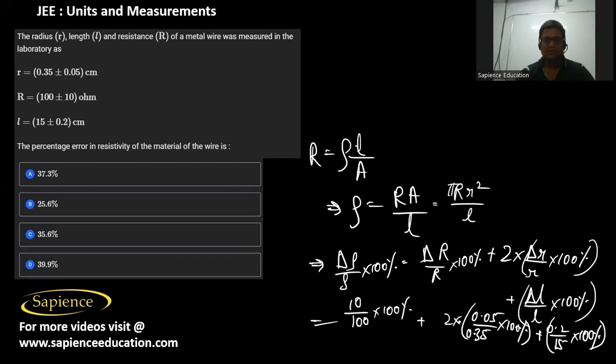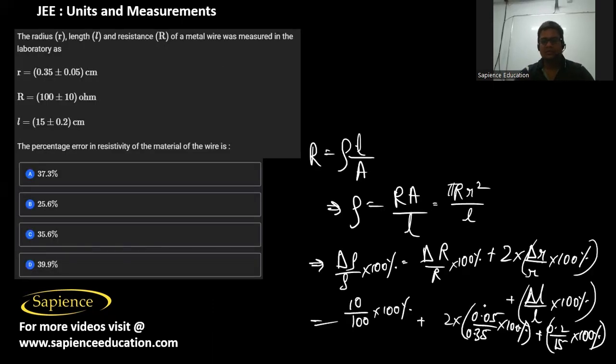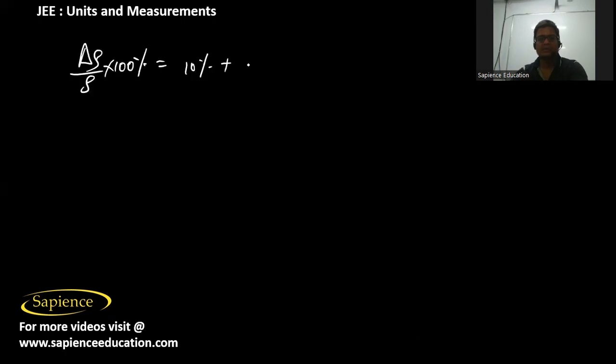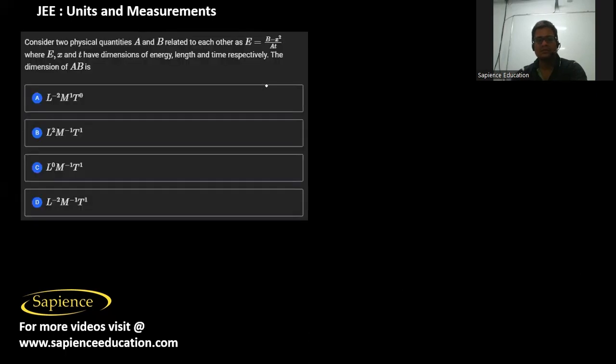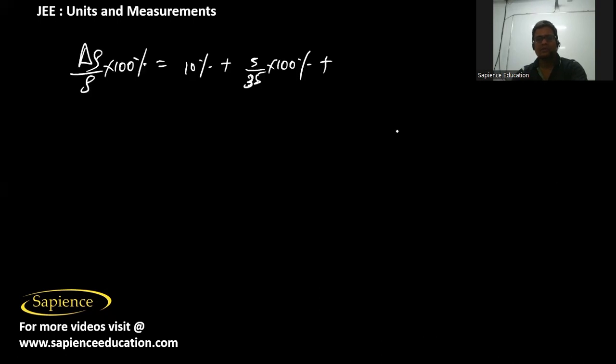So Δρ/ρ into 100, that is the percentage error in resistivity, will be equal to 10% plus 5/35 into 100% plus 20/15%.